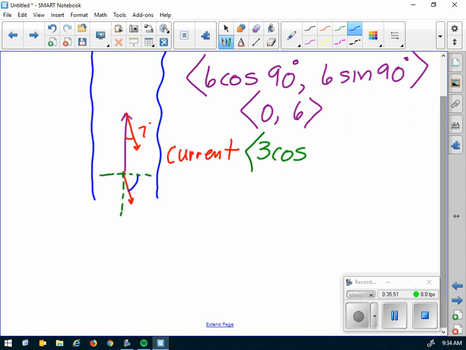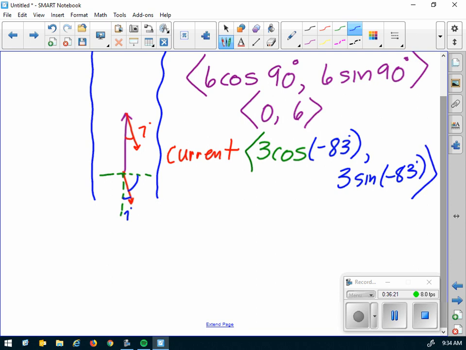So what's that blue angle, if this little piece right here is 7 degrees? I could do negative 83 degrees, couldn't I? Because it's going in the clockwise direction, 83 degrees. So I could do it this way, which would be absolutely fine. 3 sine of negative 83 degrees.